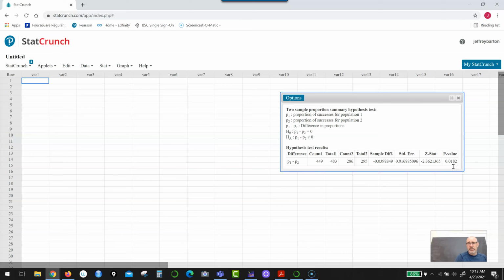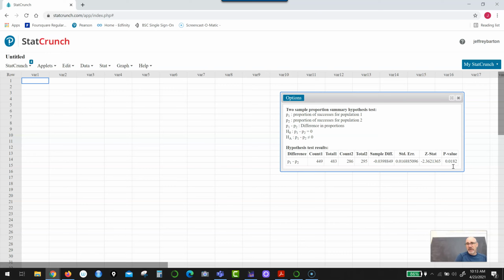Then we would just have to interpret the p-value, which again is the probability of getting a sample proportion difference like the one we did, or something more extreme, if there was really no difference in the true population proportions.